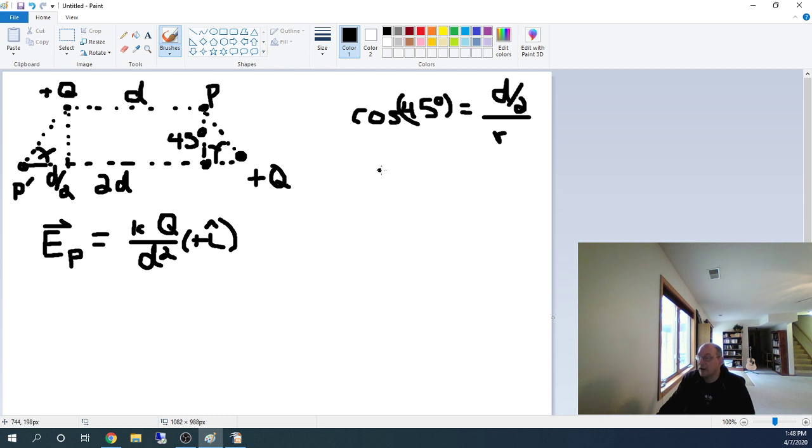So what's R? First of all, the cosine of 45 is the square root of 2 over 2. That's equal to D over 2 all over R. So I can solve here for R. I multiply both sides by 2 and divide by the square root of 2. That gets rid of the 2 there. It looks to me that's D over root 2, something like that.